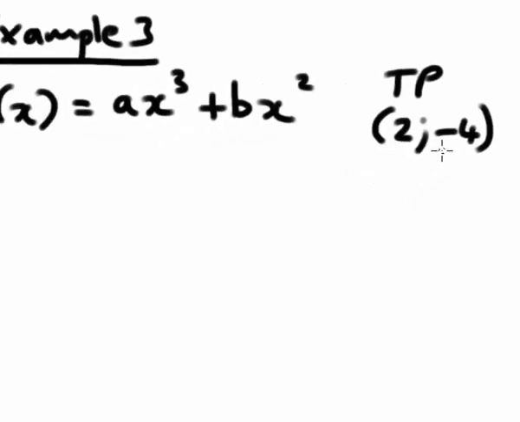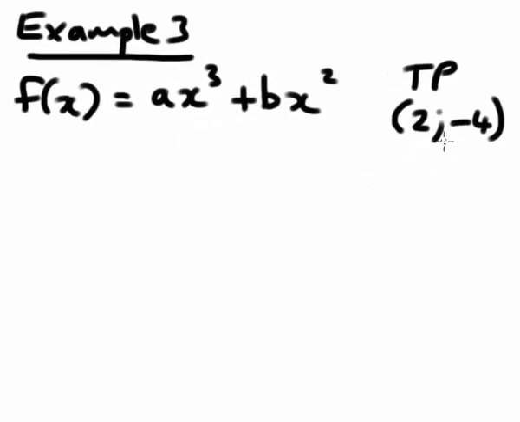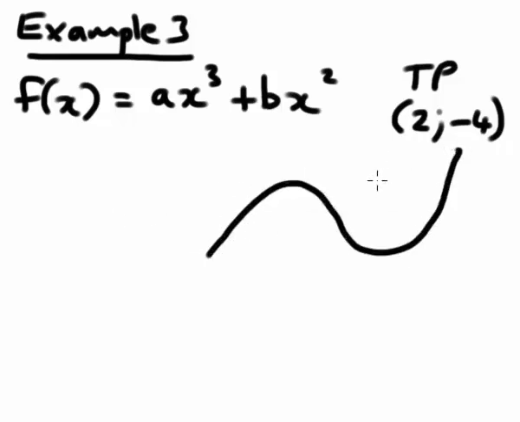Now, if you think about this carefully, we've got a graph, and somewhere it's got a turning point. I don't know what its shape is, but maybe it will be that one there. That looks more appropriate, at (2, -4). Now, remember, the gradient of the tangent is 0 at that point.